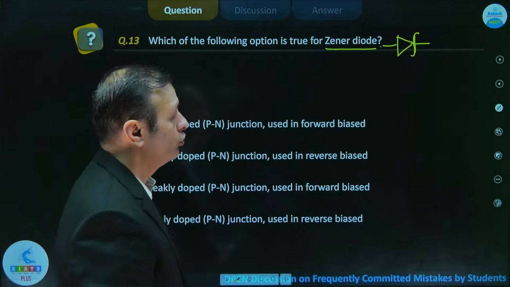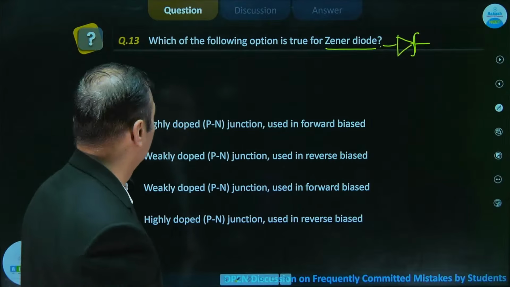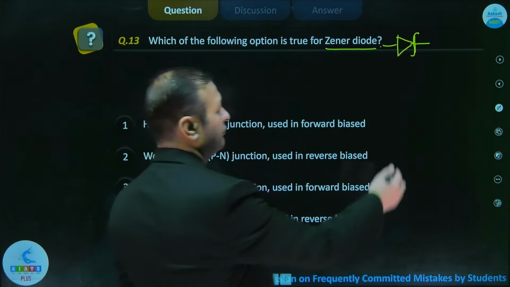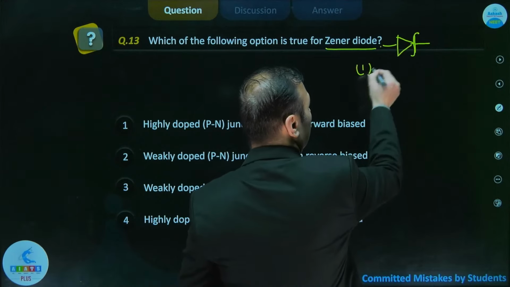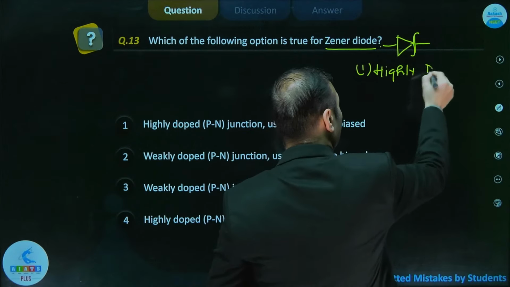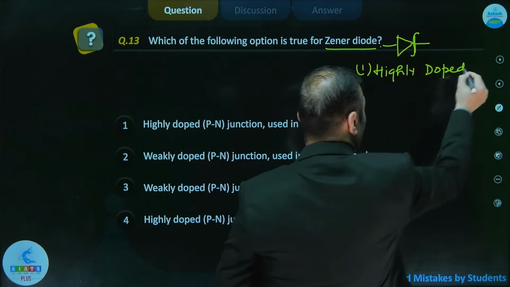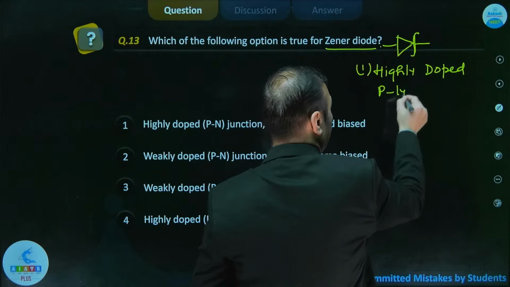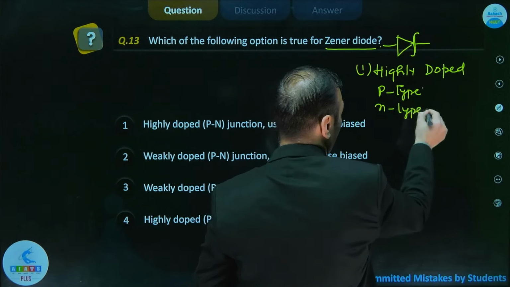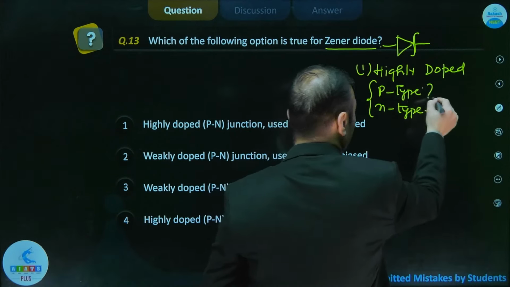Now, this Zener diode is a highly doped PN junction. First of all, Zener diode is highly doped, so both P type and N type are highly doped. This is a very important point.